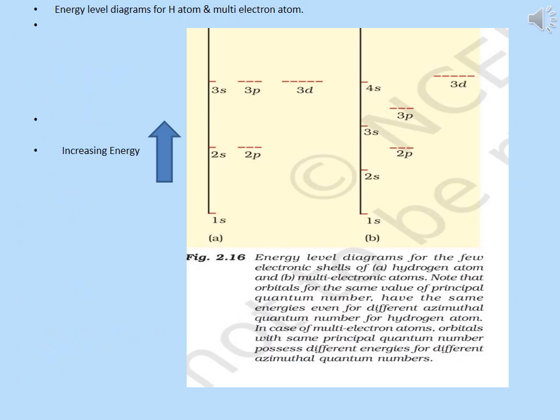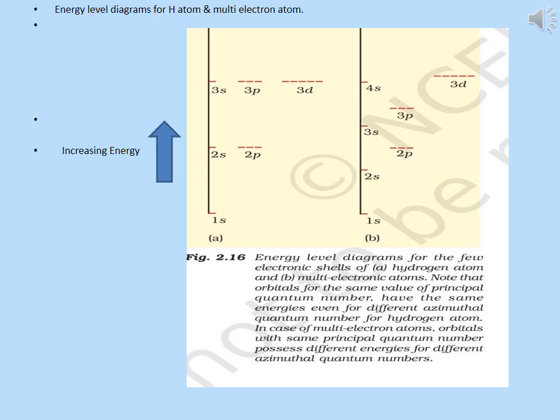Now, the same taken from the figure in the NCERT textbook, where the energy level diagram for hydrogen is depicted as A and the energy level diagram for multi-electron atoms is shown as B. If you look at the 1s orbitals for hydrogen and multi-electron atoms, they are at the same level. Now, look at the 2s orbital of hydrogen.